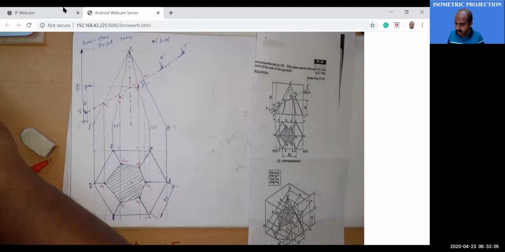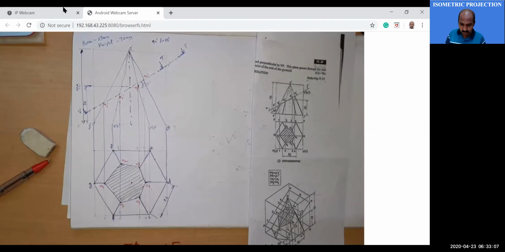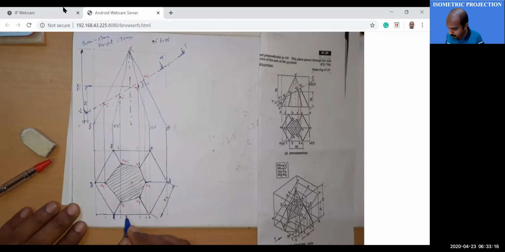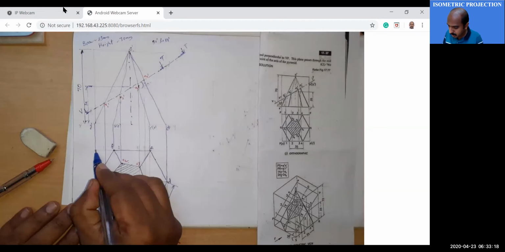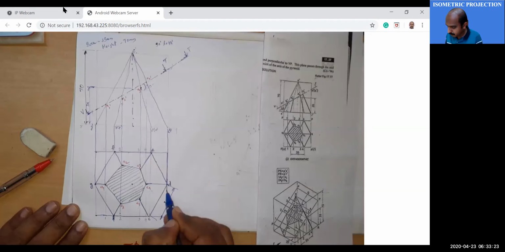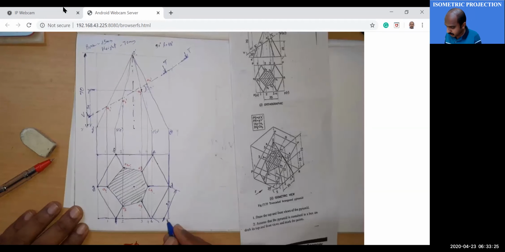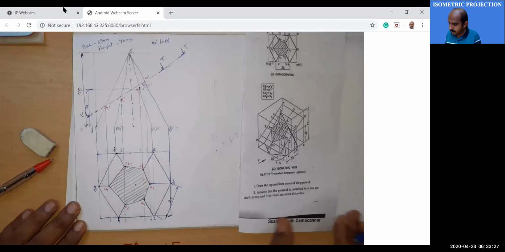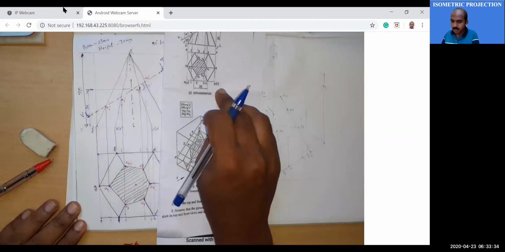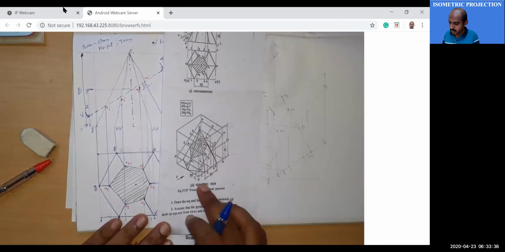Now we are going to draw the isometric view. For drawing the isometric view, initially you enclose the top view in a rectangle, with small letters and capital letters named.